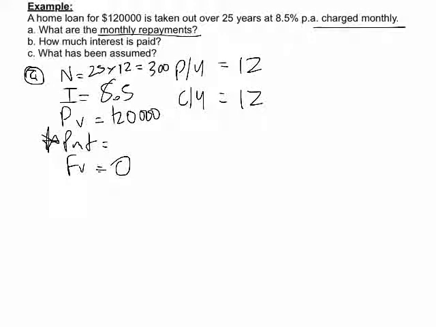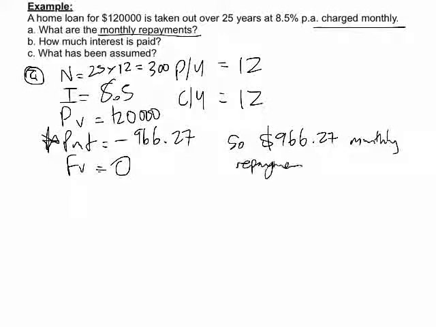I've already put in 120,000, and then 12 and 12. So if I solve for PMT, my payments are going to be negative 966.27. So $966.27 monthly repayments.